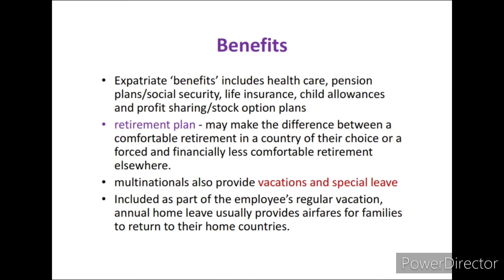Apart from this, there is also a retirement plan. They can plan in which country or place they want to retire, with comfort of their choice. But sometimes, due to pandemics or recessions, expatriates may have to retire elsewhere, forcefully and financially less comfortably.